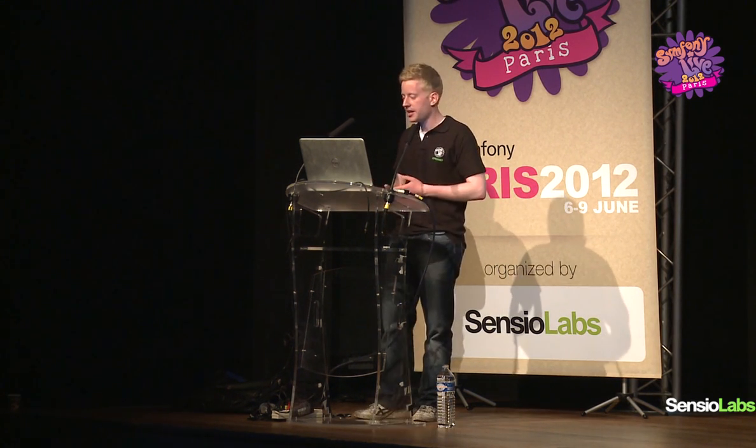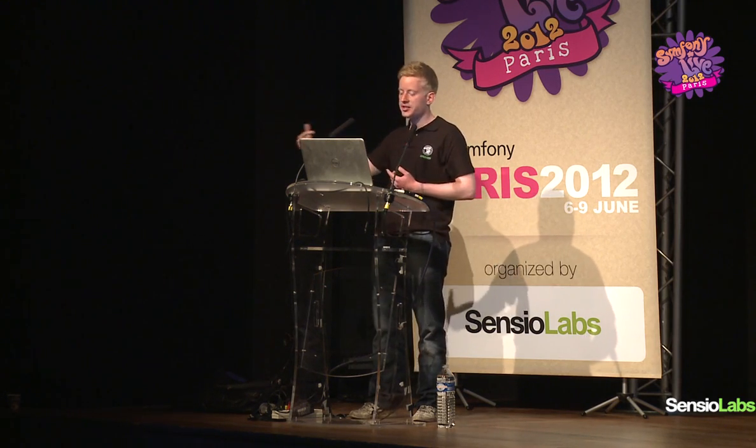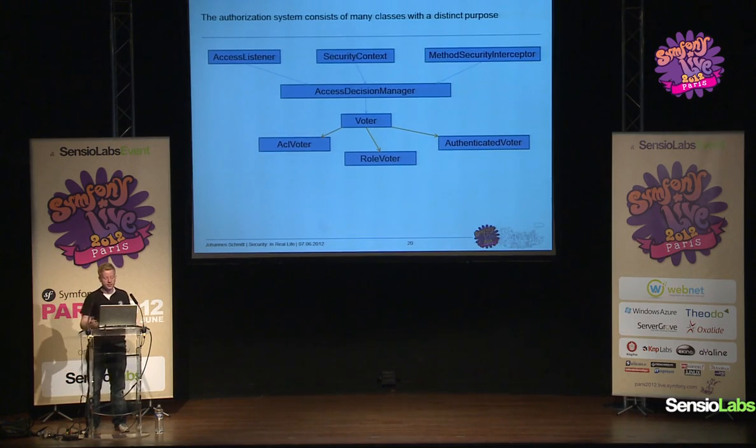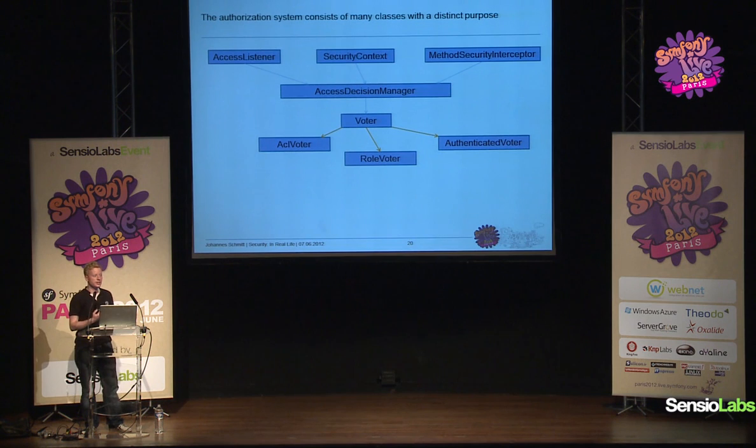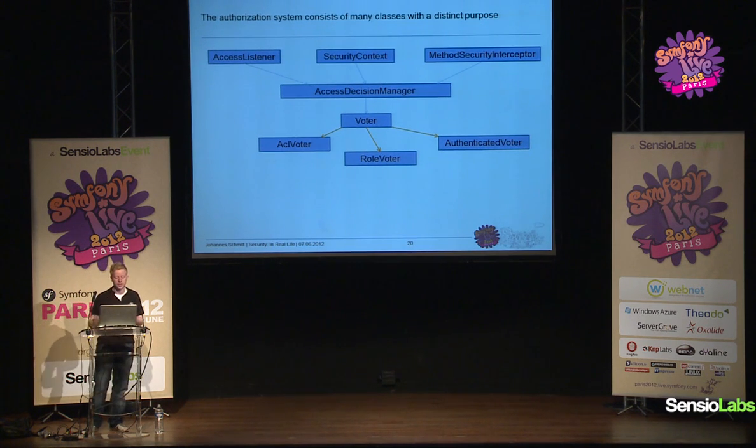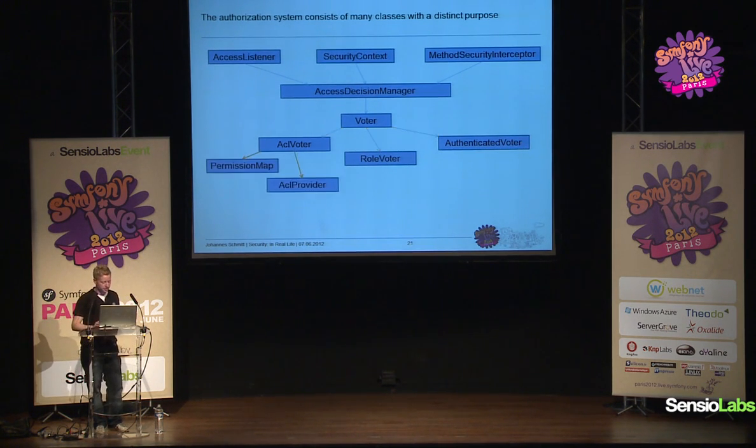This is the ACL voter, which is the facade to the entire ACL system. We have the role voter, which does role-based checks, and the authenticated voter, which just checks based on the trust level that we assign to the authentication token. And these use different classes each.